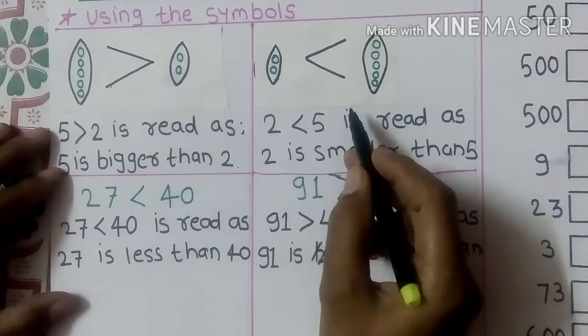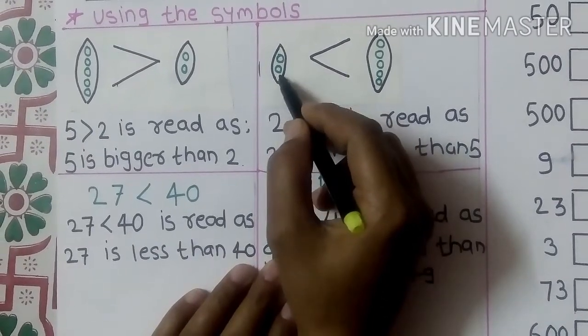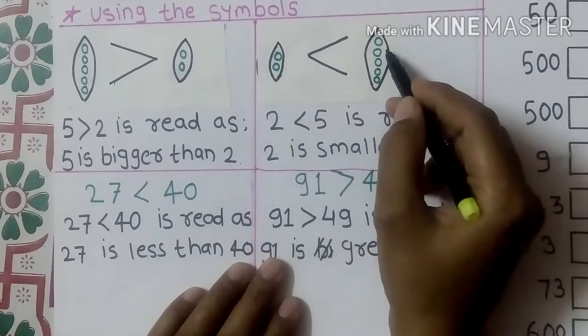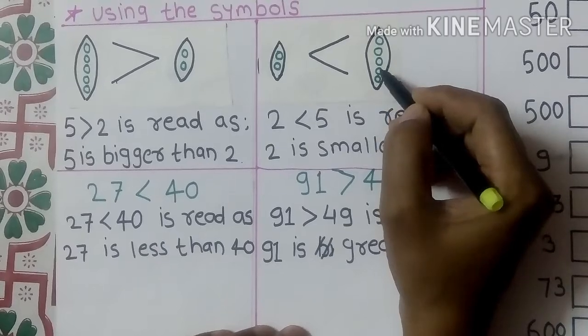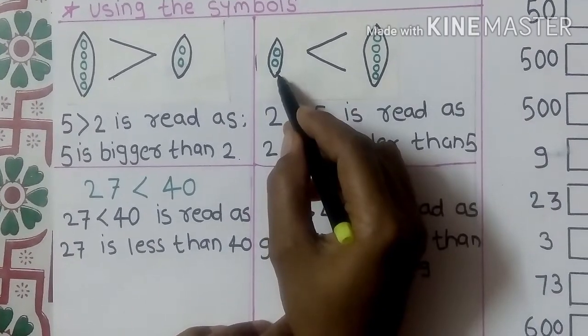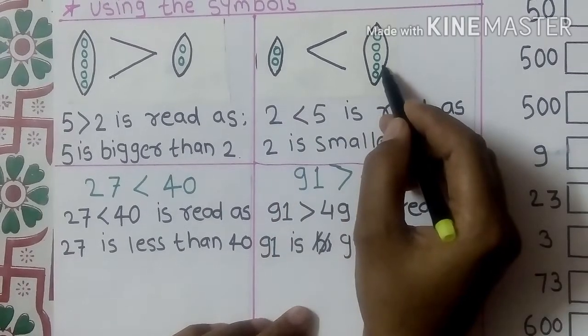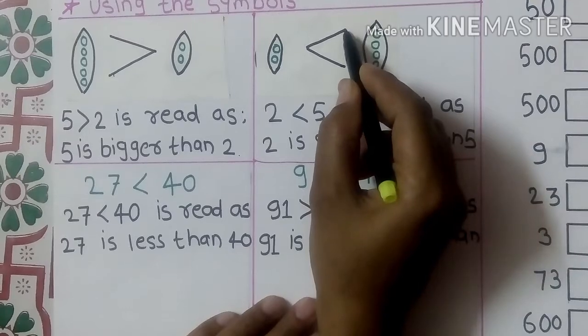Now see, this is here. In this oval we draw 2 beads and in this oval we draw 1 2 3 4 5 beads. Okay, 2 beads are smaller than 5 beads and we draw the symbol.